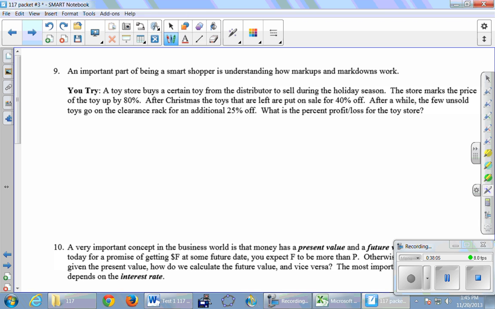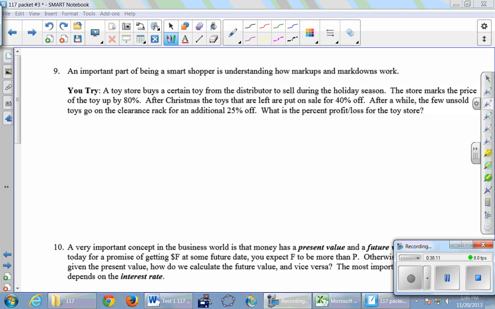Okay, thank you. So let's take a look at this question. It's good marketing. Here's my suggestion for this problem: just make up a price for this random toy. You can make up any price you want. You can call it $7. You can call it $83.20.